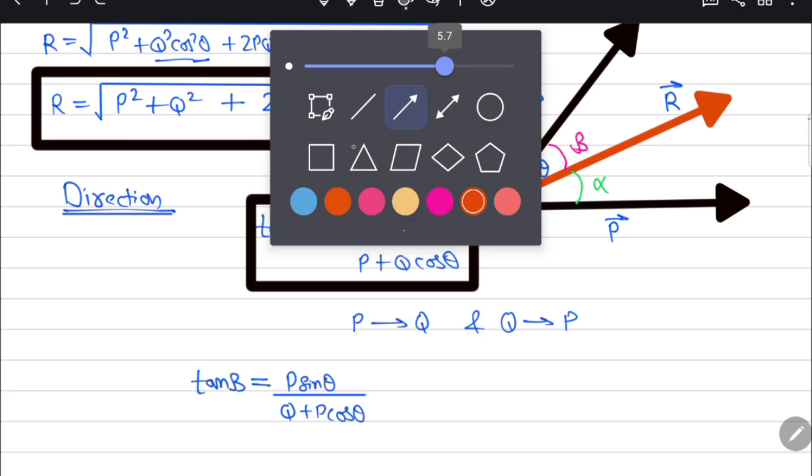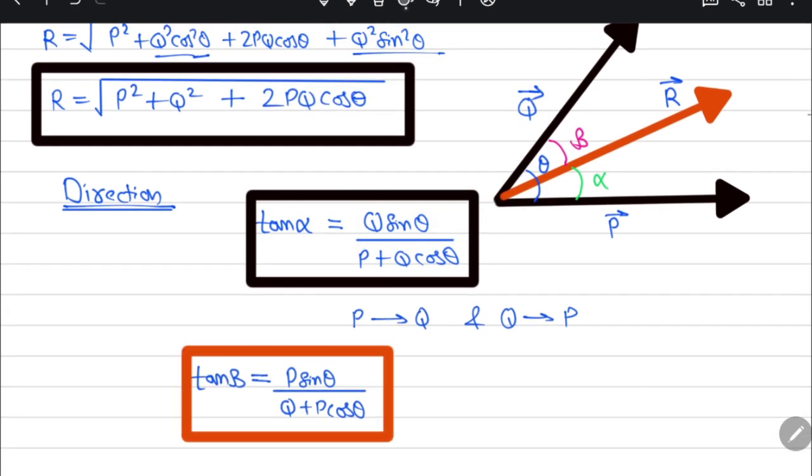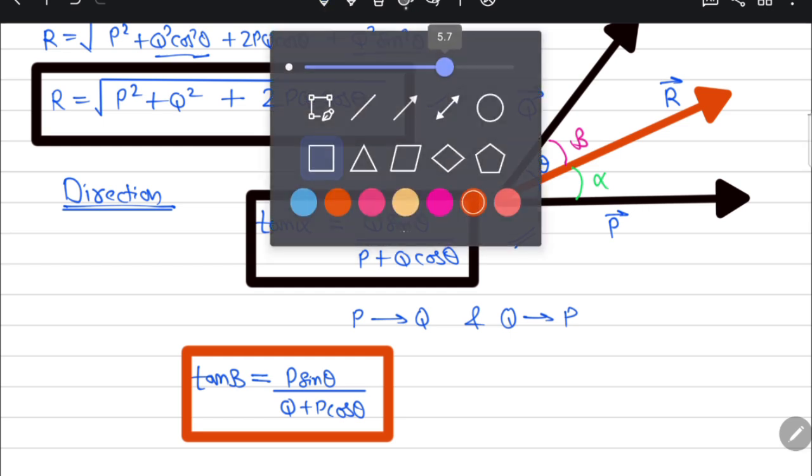This comes out to be another answer. So I think you can remember these two results, it is enough for us. Getting my point?